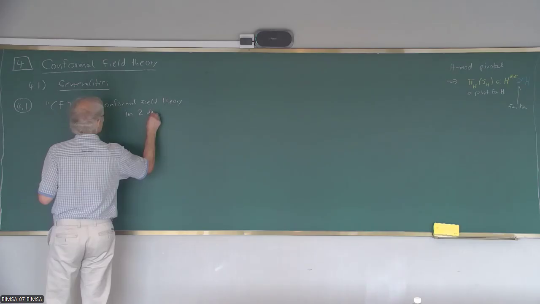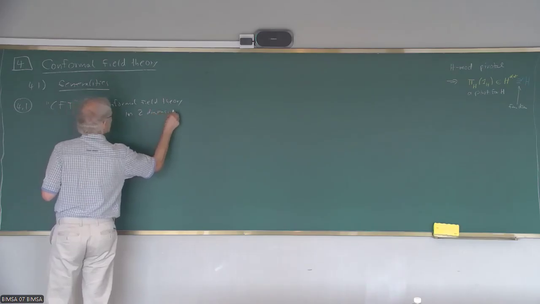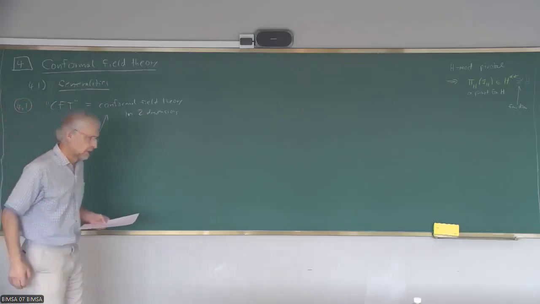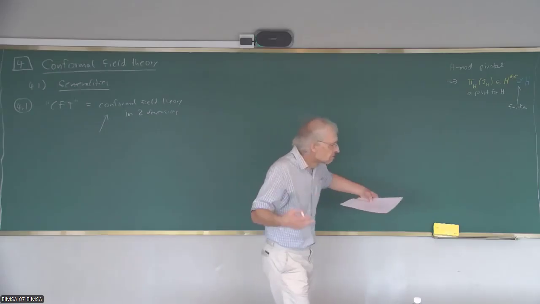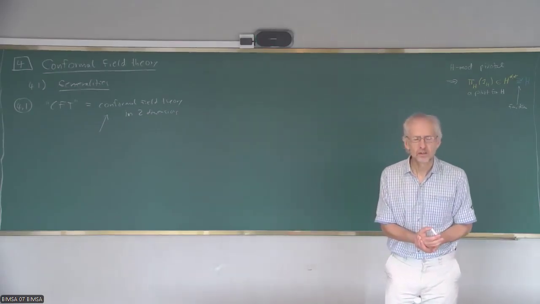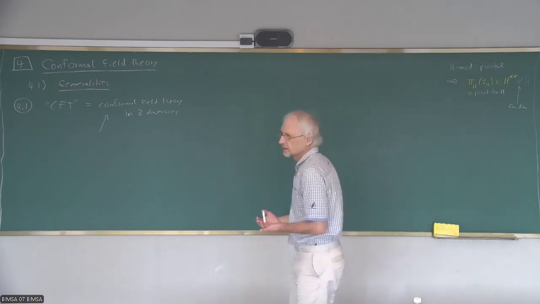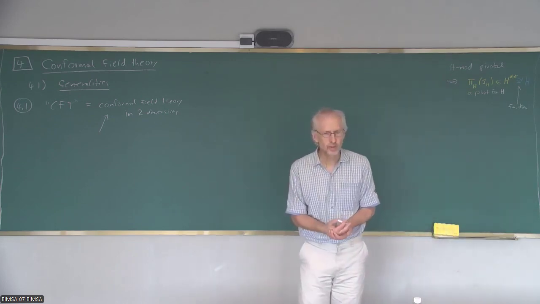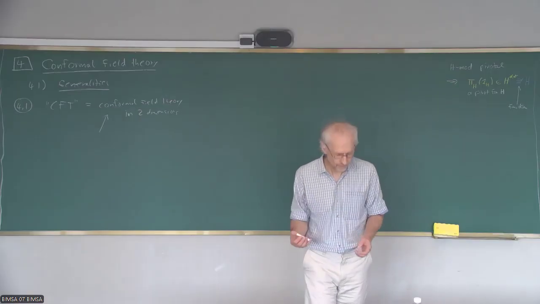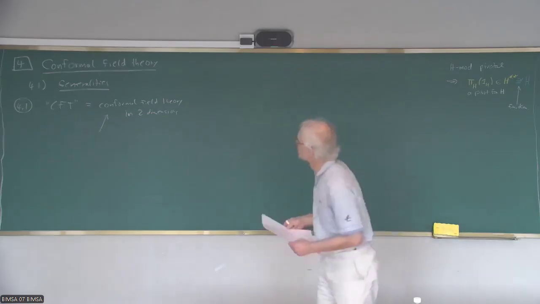This will be in 2 dimensions. And conformal here refers to that we consider models which are defined in some way on a manifold that has a conformal structure. Conformal structure, by definition, is an equivalence class with respect to local rescalings of metrics.